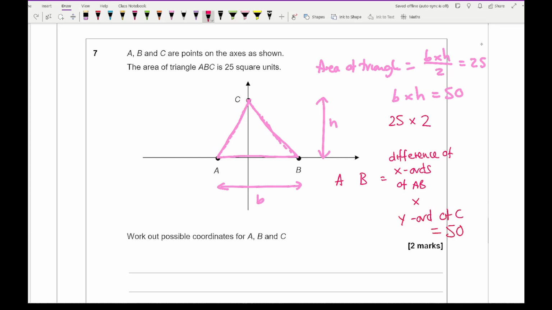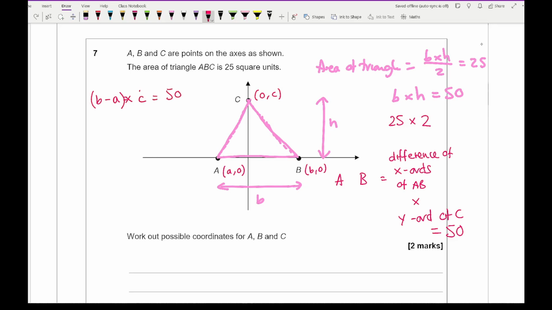You also need to make sure that A and B have got y ordinates of 0. So if I write down A as (A, 0), B as (B, 0) and C as (0, C), then the difference B minus A, multiplied by C, needs to add up to 50.